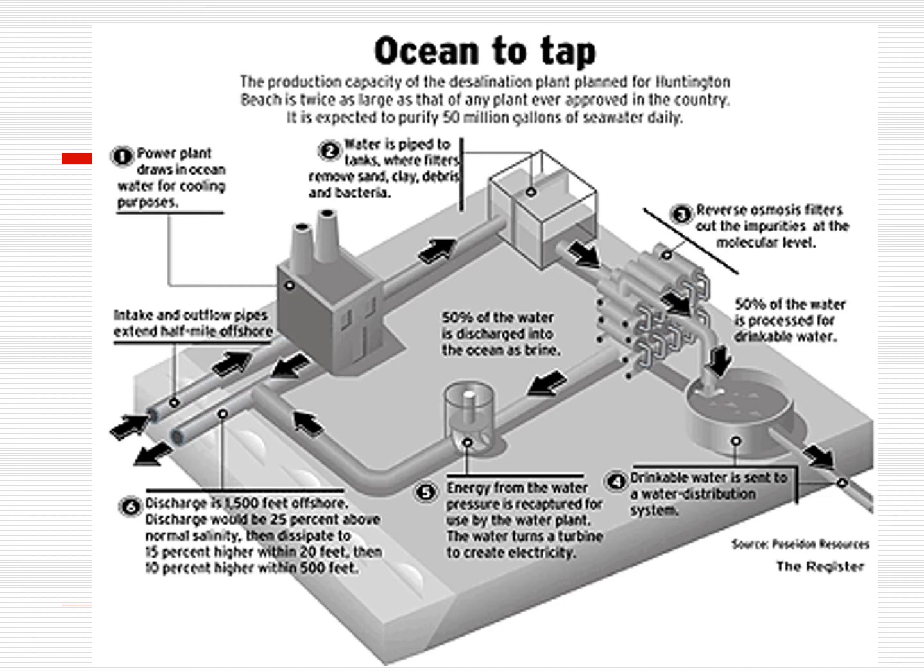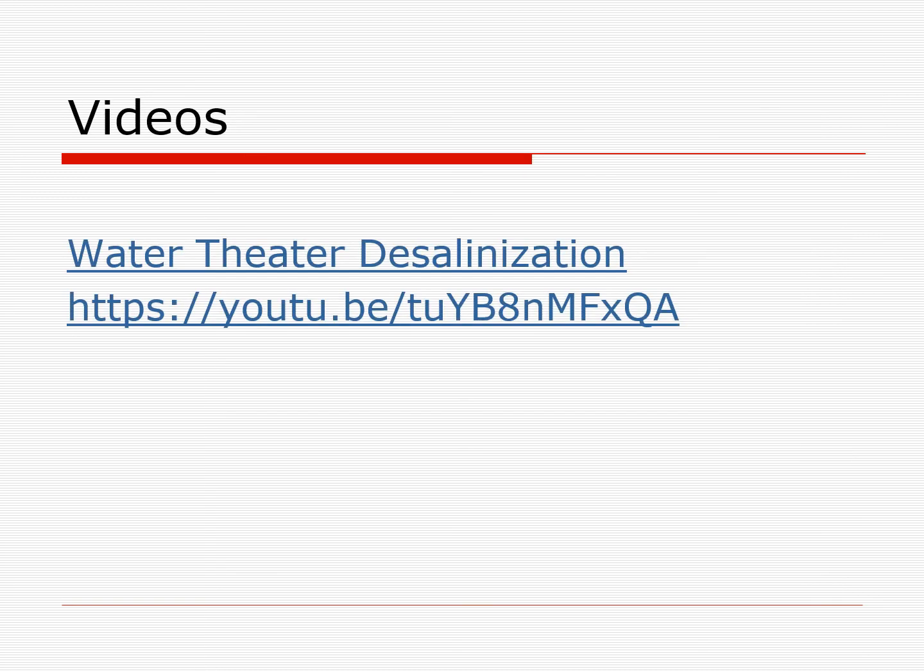The other water has a much higher salt quantity, and that water is then discharged back into the ocean. The volume of water in the ocean allows that salt concentration to dissipate. I will give you the links for these videos separately, and please watch these videos and you'll see what I'm talking about.